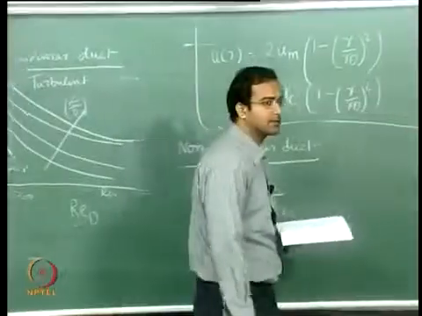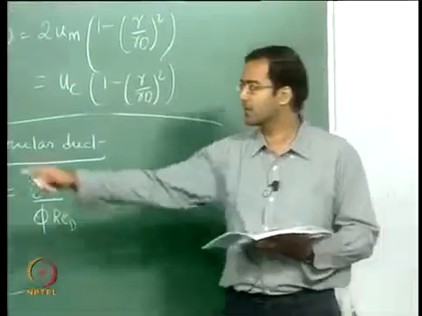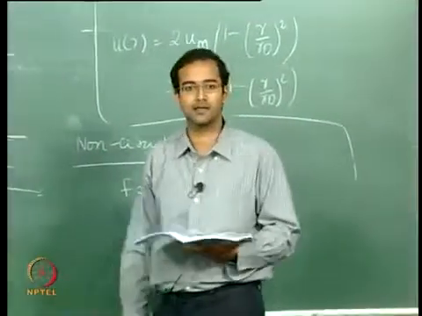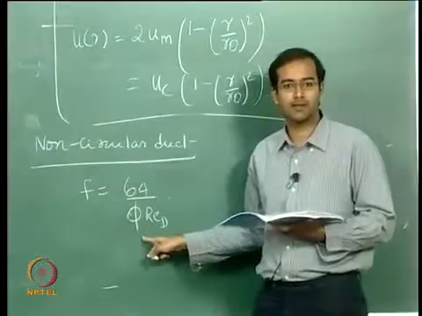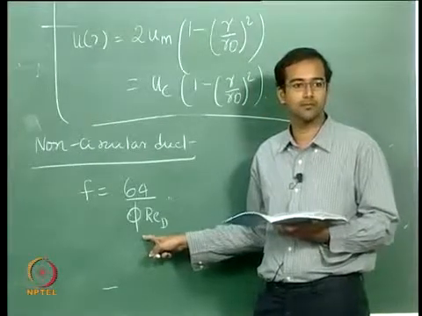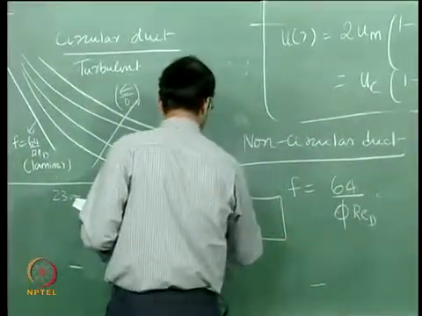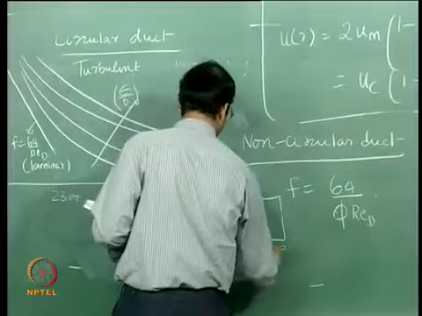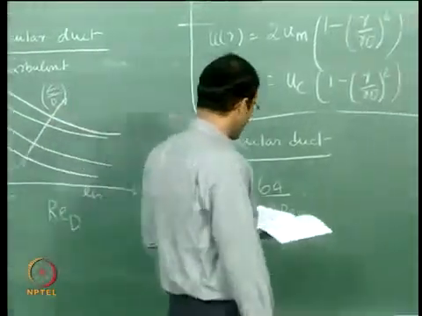It is not 64 by Re, 64 by Re is only for circular ducts, because we have substituted all this relation for circular ducts, but generally for non-circular ducts you have an additional factor phi, and this phi will be a function of the aspect ratio. So if you have a non-circular cross section, you have aspect ratio A over B, and it is a function of this aspect ratio.